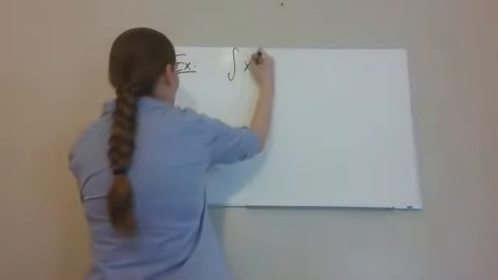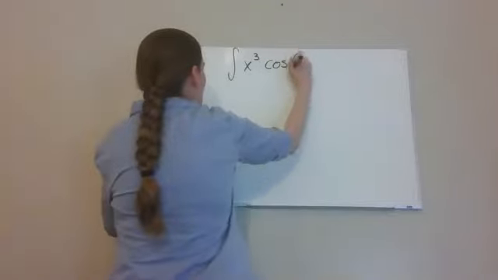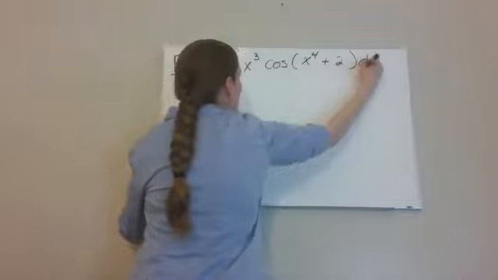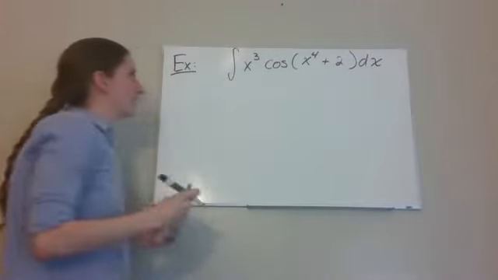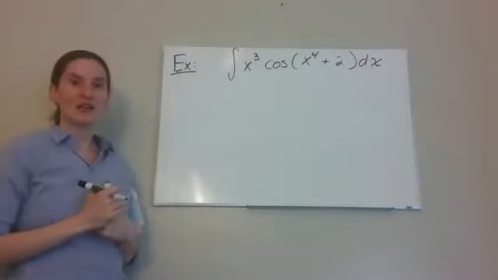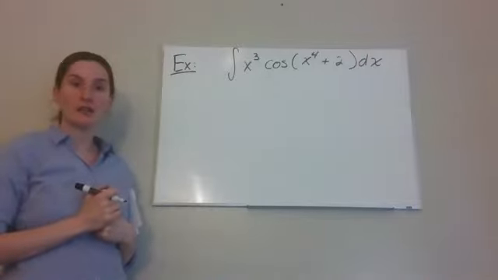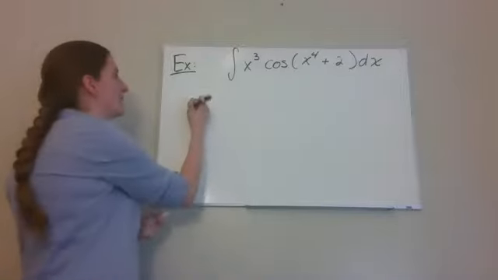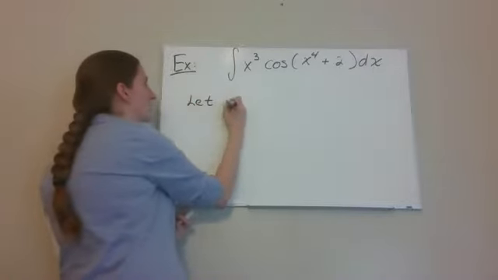I have x to the 3rd cosine of (x to the 4th plus 2) dx. I want to find the indefinite integral of this complicated function. And we're going to use substitution again. So I need to pick something to be my u.